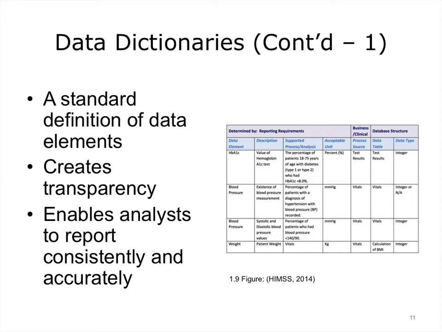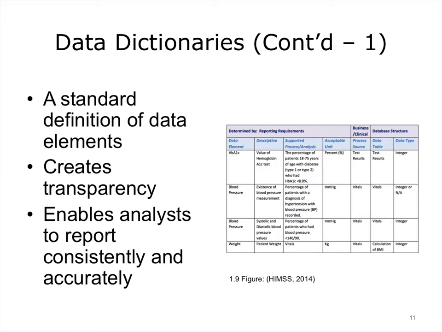It ensures that all necessary data points are accounted for and reported correctly. It should include specific descriptions of the data element from the report requirements, an associated business or clinical process, and information from the underlying database.